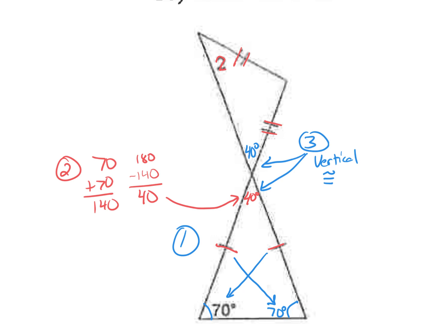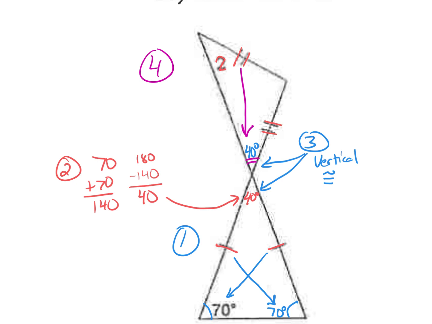Now this 4th step is this top triangle has how many congruent sides? 2. Okay. I got one there and one there. So if it's got 2 congruent sides, how many congruent angles? 2. And remember, they're opposites, right? So I'm going to draw a line, and if it has 2 tick marks, put 2 curves.